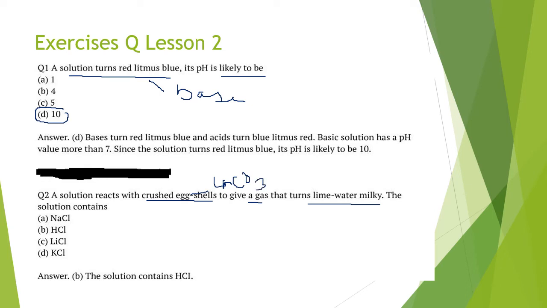And already you have learned, acid reacts with metal carbonate or bicarbonate to form carbon dioxide gas, and the carbon dioxide gas formed turns lime water milky. Among the 4 options, NaCl, LiCl, KCl are salts, whereas HCl is an acid. So option B, that is HCl, is the correct answer.